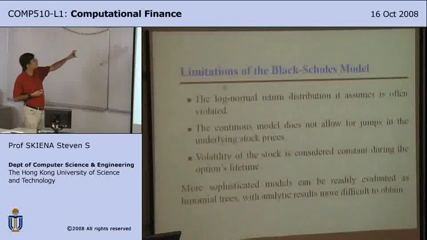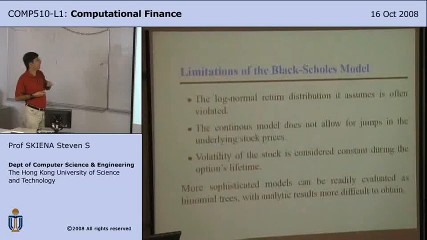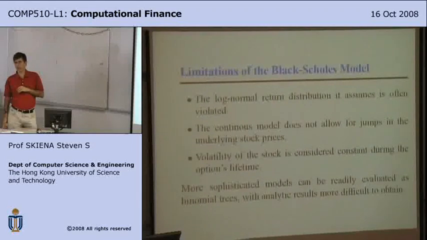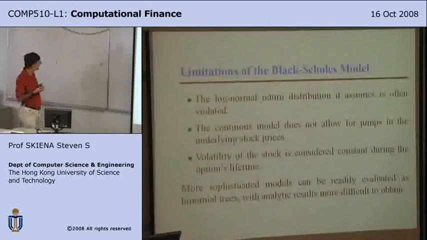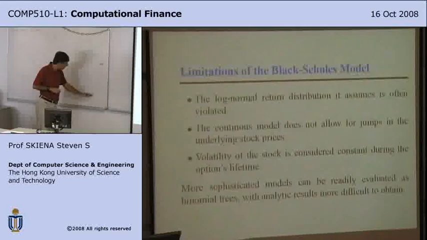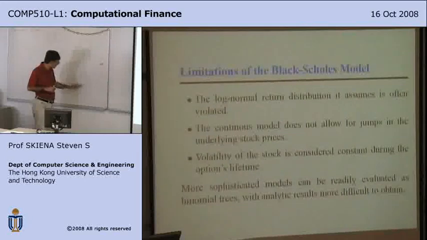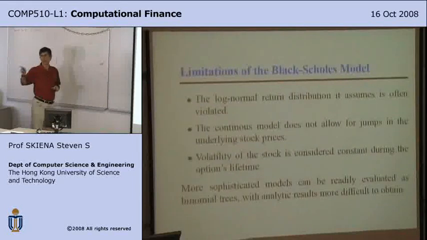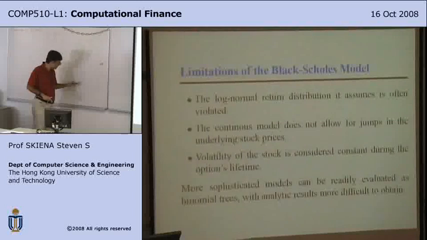It assumes that returns are log normally distributed. That is somehow an assumption built into the model, and that is not always true. If you think about it, right now we're going through a world where, let's say the average daily return in stock prices might be 1.57%, might be the mean.